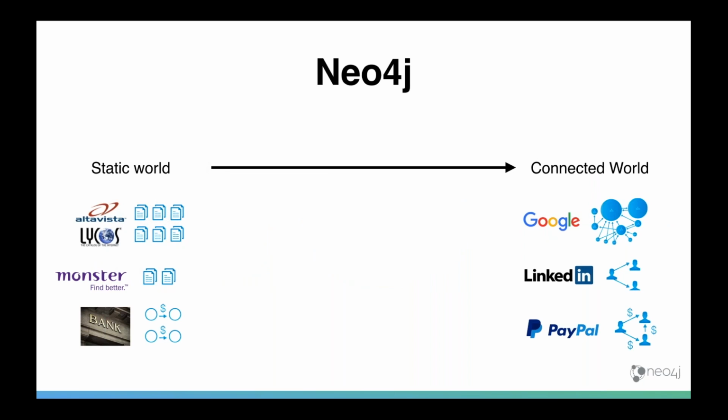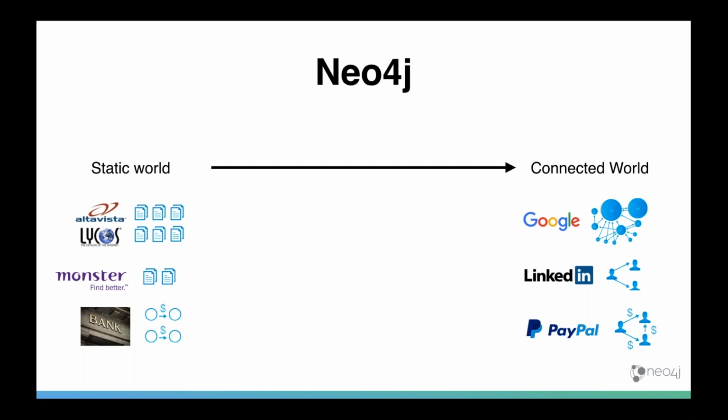So let's take a leap to more recent history. On the left-hand side, we have some of the market leaders from the 90s, and they were successful in a static world. Data was being collected, but not very fast by modern standards. And the data sources were structured, think tables and relational databases.